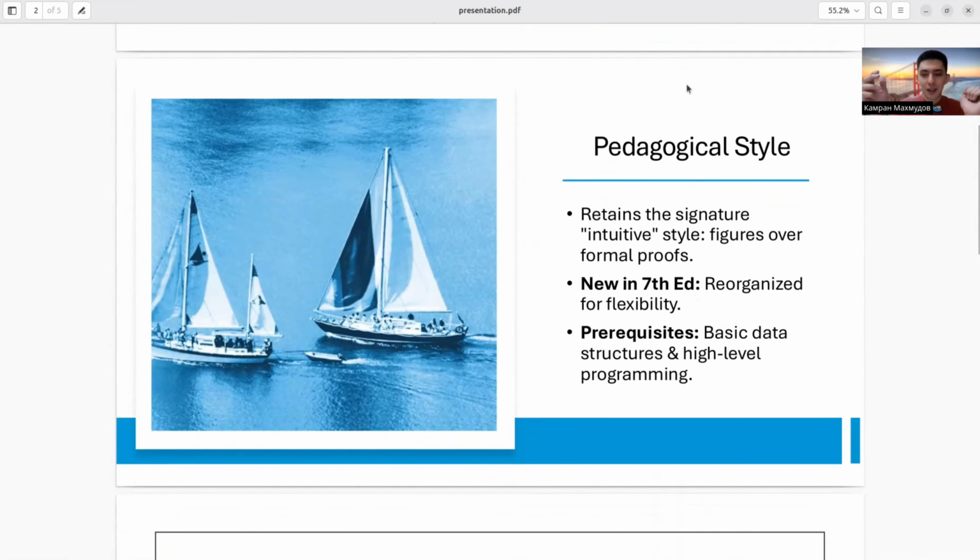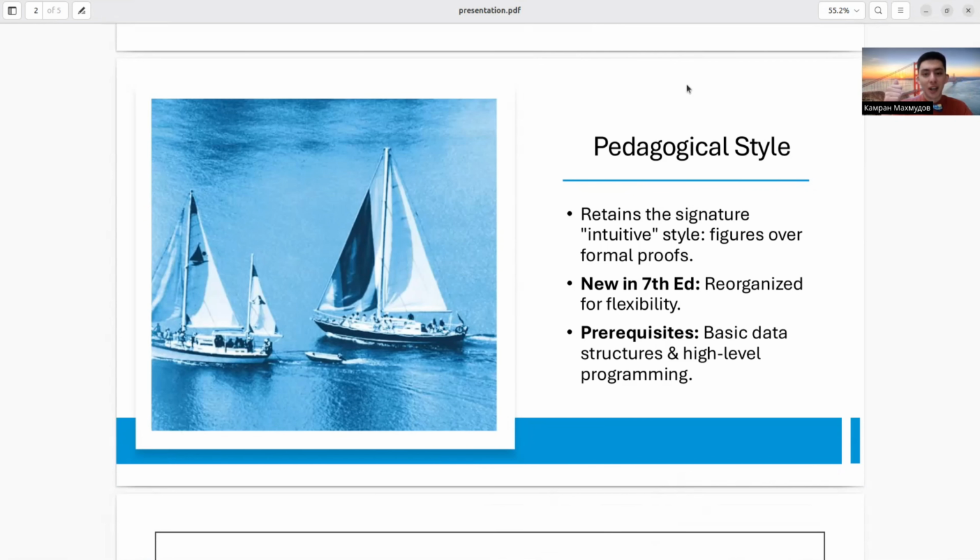Coming to the learning style, while such massive new material has been added to the book, the authors kept their best feature: the intuitive approach. Like in the older versions, the book avoids getting lost in mathematical theories and proofs that are unnecessary for students.